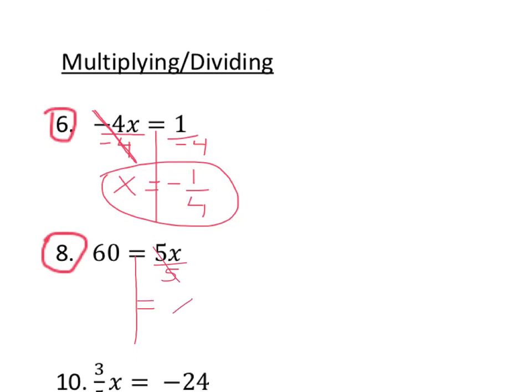Just like that, I have x by itself on the right side. Divide the left side by 5. And 60 divided by 5, we all know our times tables here. 5 times 12 is 60, so our answer is 12. All right, so most of these are real mental math, one-step problems you should have seen before, but we're just using inverse operations to get the variable by itself.